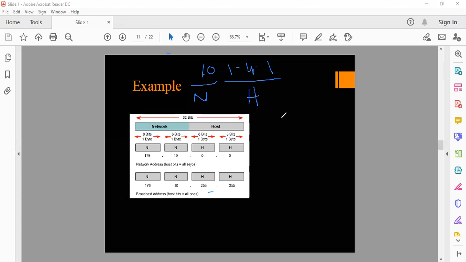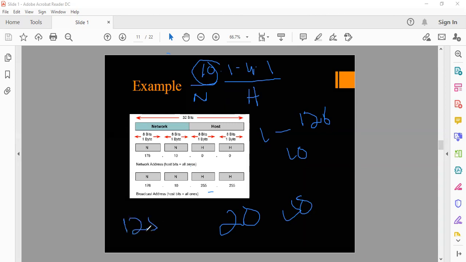As you know, the class A range is from 1 to 126. Just see that, 10 lies between 1 and 126. We will judge that from the first octet. If it becomes 20, it is also class A. If it is 50, it is also class A. Up to 125, it is also.